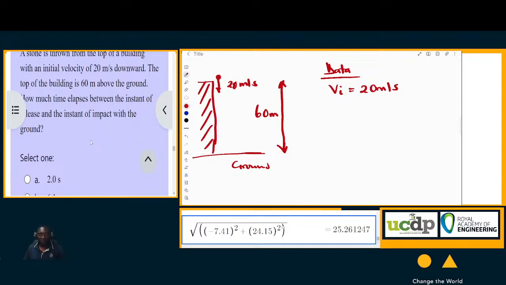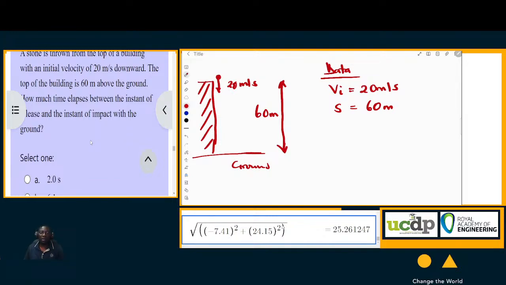So I've chosen the positive to be the downward direction, so I'm going to use positive 20 meters per second for VI as it goes down. If I get anything that's positive, I know it's in the downward direction. That's the trick. Okay, so we have displacement here. Displacement is 60 meters and it's still downwards, so it's positive.